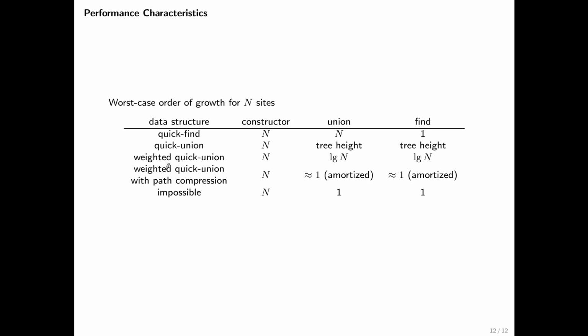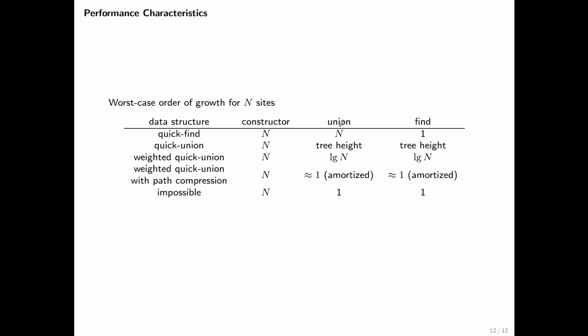And there is another variation of the weighted quick union implementation that we have not talked about here, but it's discussed in our text, and that involves this idea of path compression. If you do that, the union and find methods are even better than what we have for the standard weighted quick union implementation. So it's close to constant time in the amortized sense. Okay, and it's worthwhile looking into that implementation and seeing how that's done.